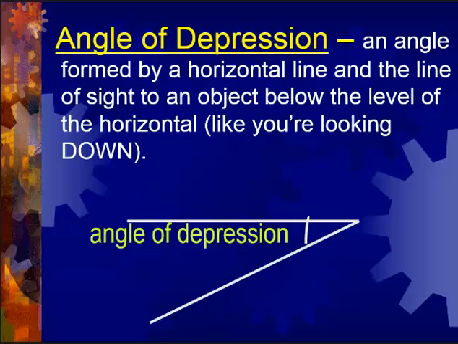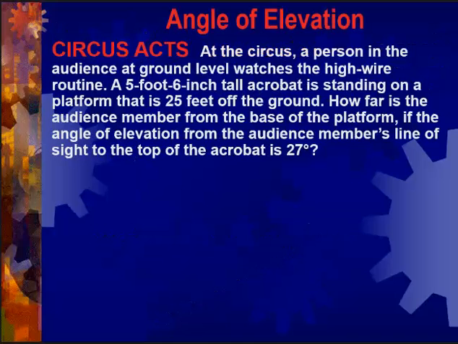So know what those two words mean. What kind of situations would use an angle of depression and what kind of situations will use an angle of elevation. Now we're going to be using our trig functions here to find these angles or to find distances involving these angles. So here's the situation using an angle of elevation.